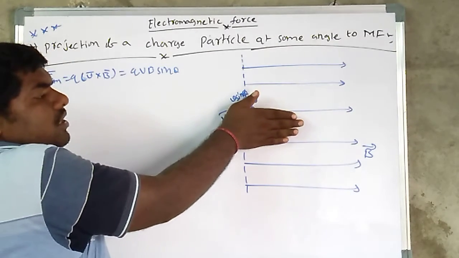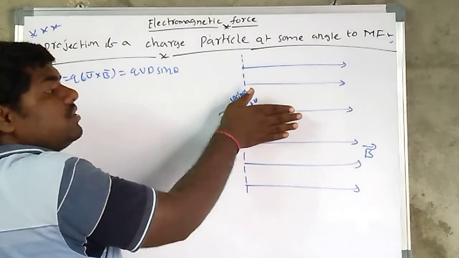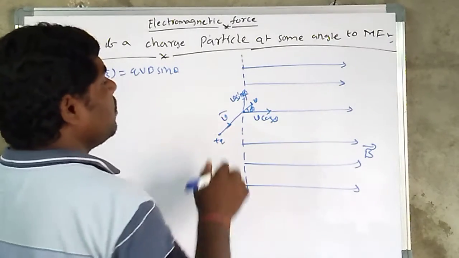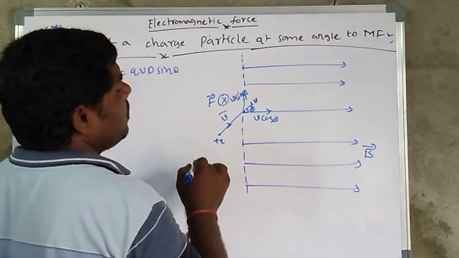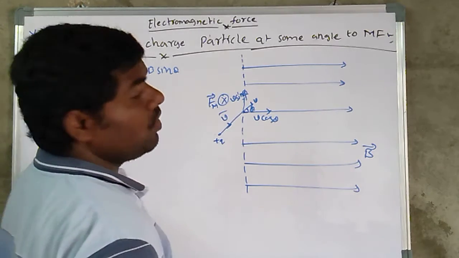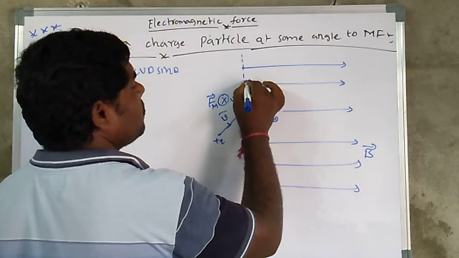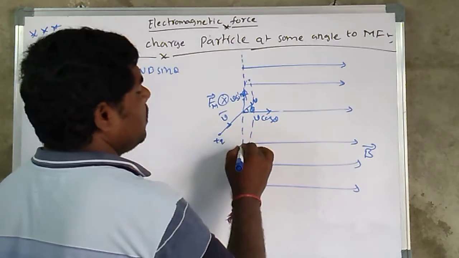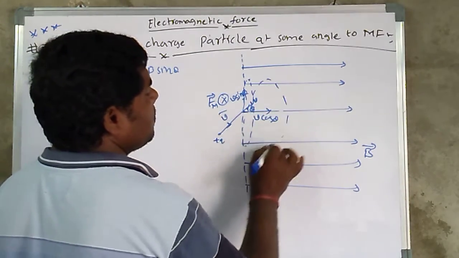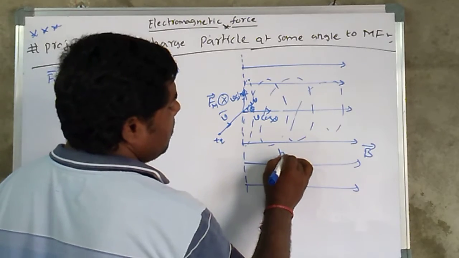Here the palm faces into the board, so the magnetic force direction is inward into the board. That's why it moves some distance up and comes back like this. It means rotation, and this rotation is nothing but a helical path.